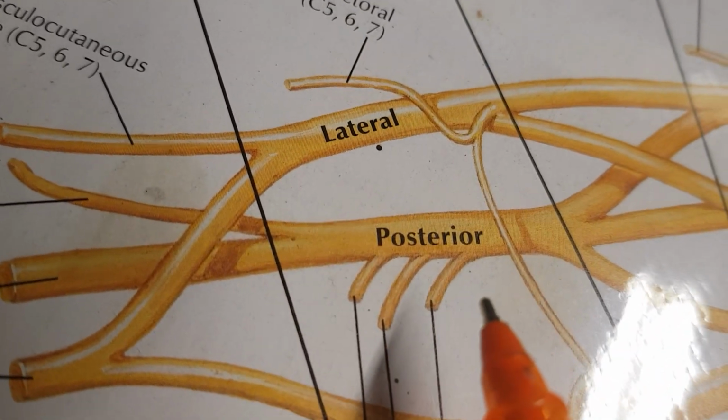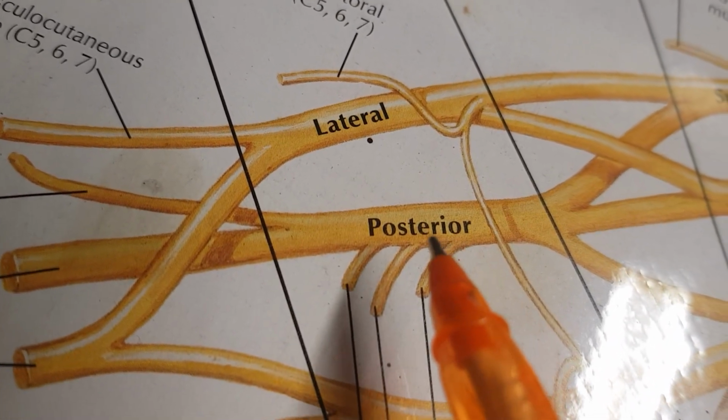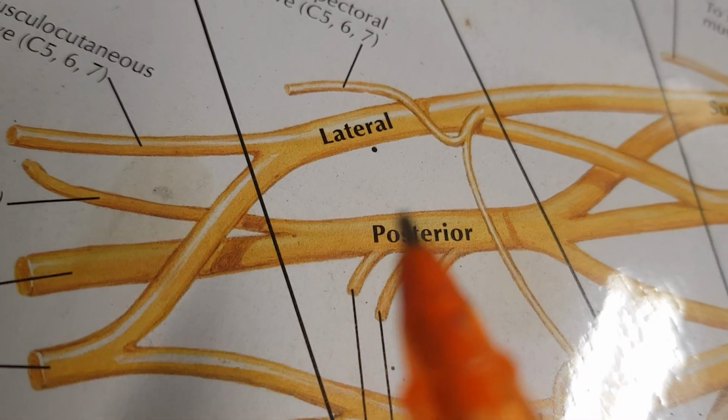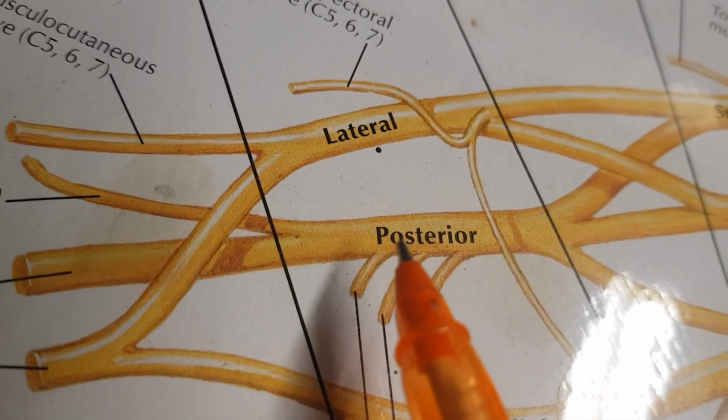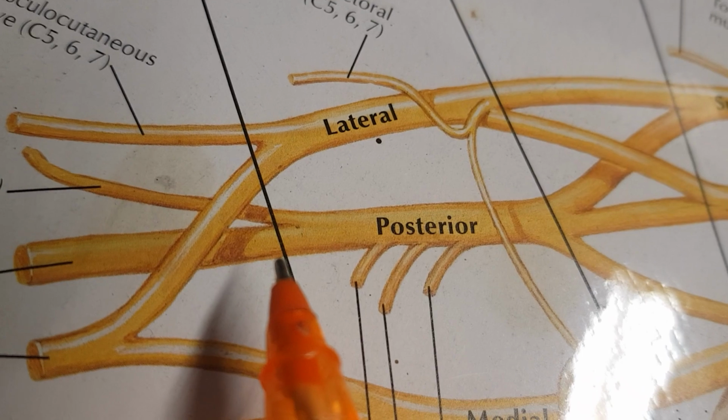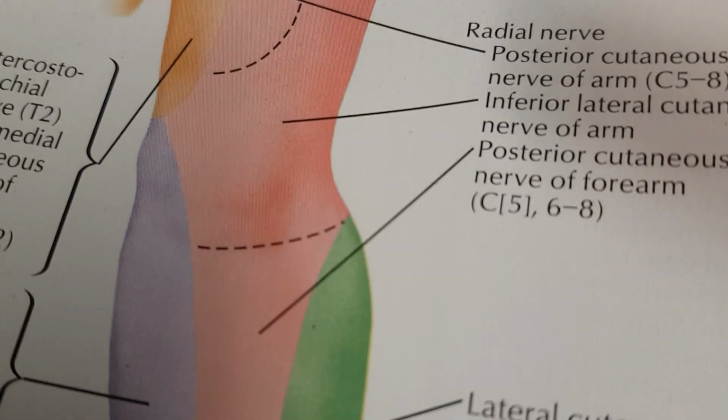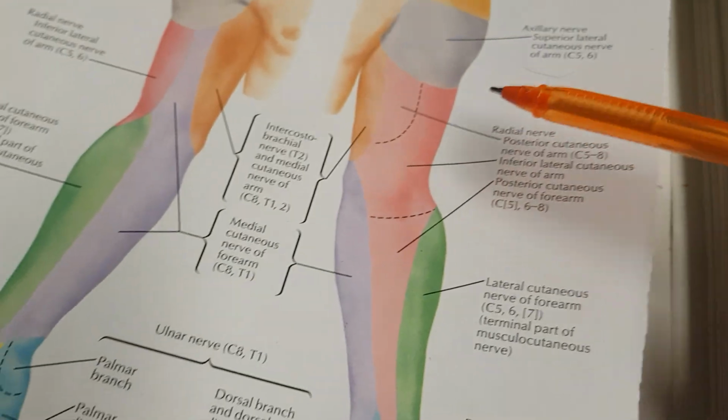So when the peripheral nerve is affected, not the nerve root, all those muscles will be affected. Also, there are branches from the radial nerve that supply the skin.